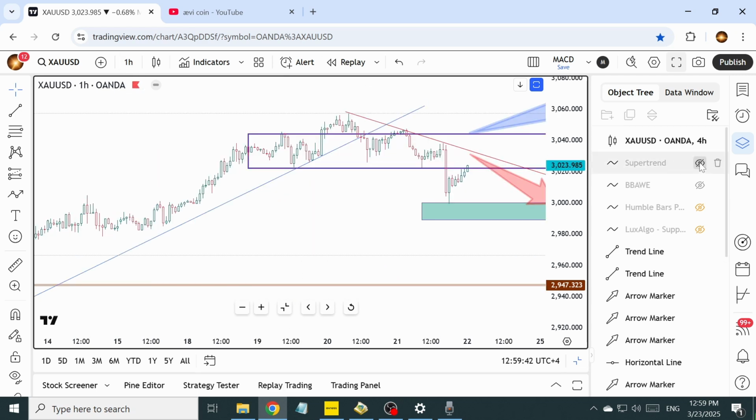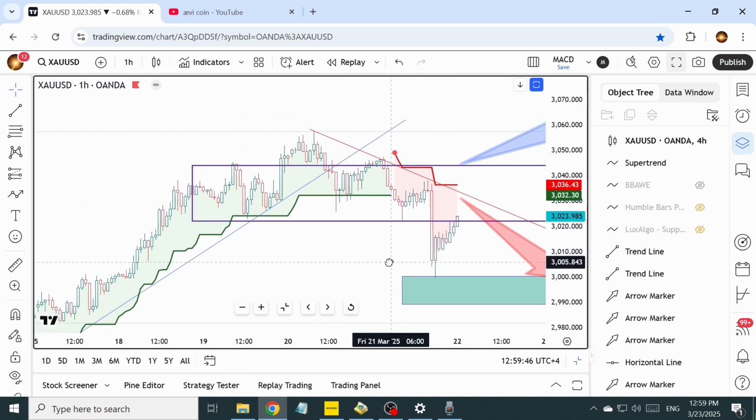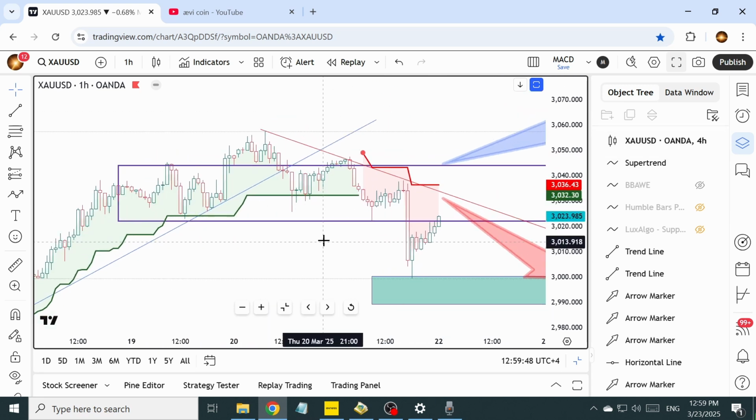Now, as you see, at the beginning there was an attempt to change the super trend, and now the super trend changed to sell.